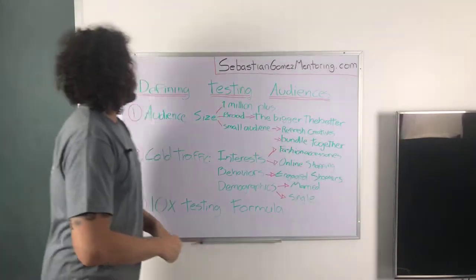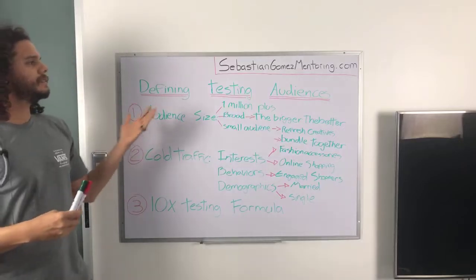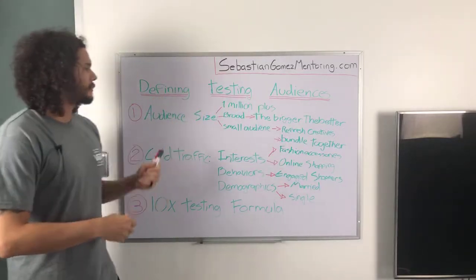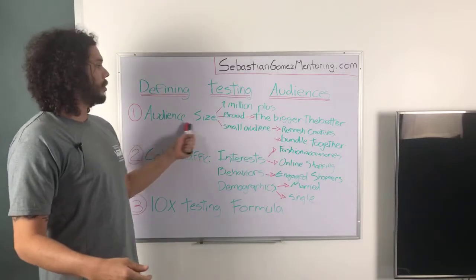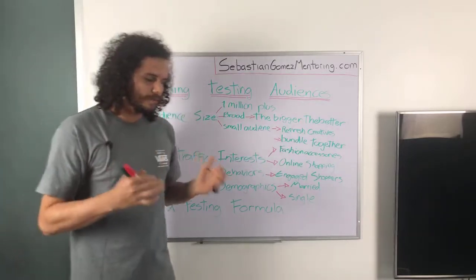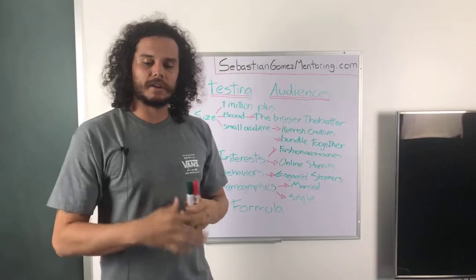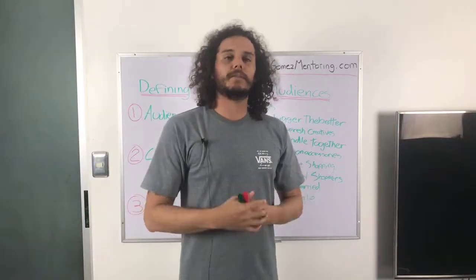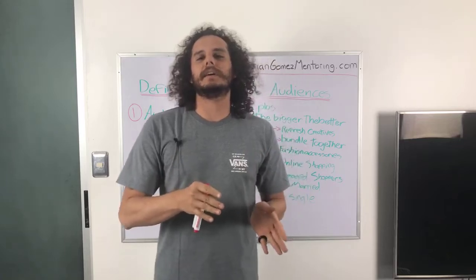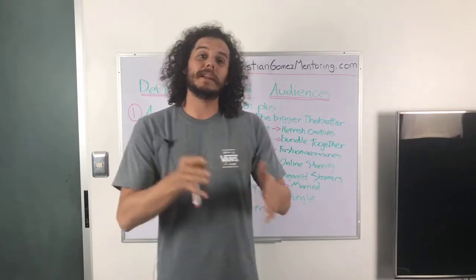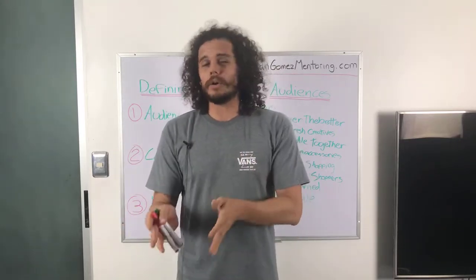So basically, how do you define your testing audiences? The first thing that I generally start with is the audience size. It's super important that you have it clear that the audience size is by far the most important thing that you need to focus on, because that will basically allow the scalability of what you're looking for to occur or not happen.